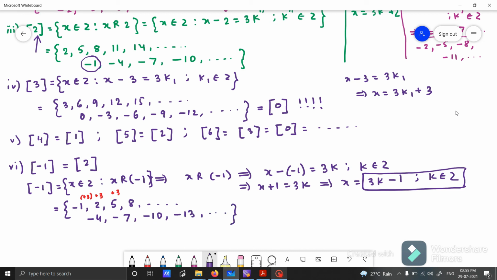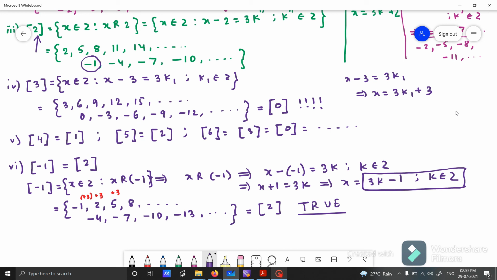So what we expected is actually true. See, the equivalence class of 2 contains all these elements: minus 1, 2, 5, 8, 11, 14, and so on, and here minus 4, minus 7. So this is indeed equal to the equivalence class. So it is true. So this way it will continue.